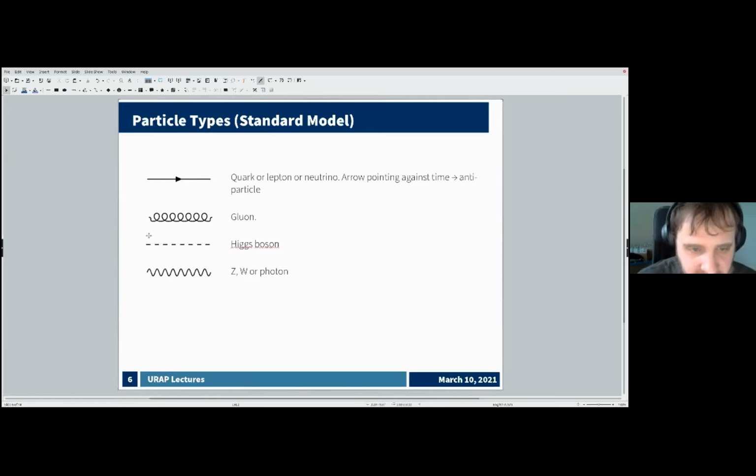You also have gluons, which you show with curly lines with loops. You have a Higgs boson, which is a dashed line. And you can also have the electroweak force carriers, the Z, the W, or the photons, which are shown as squiggly lines.